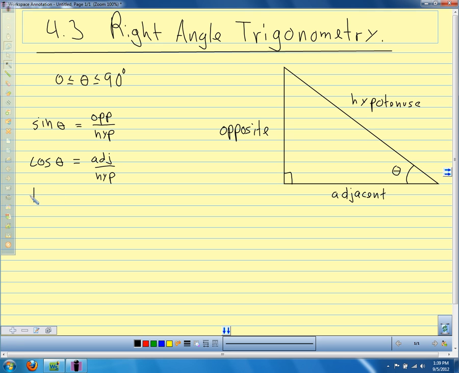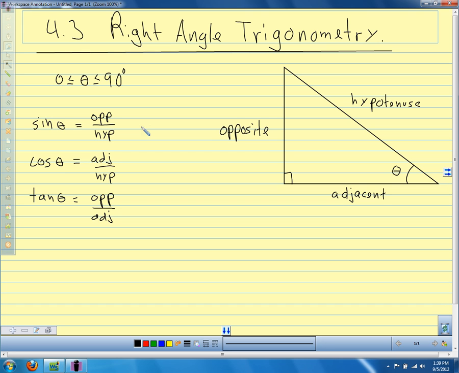The tangent of our angle is the opposite over the adjacent side. And no matter how big or small our triangle is, as long as we have this particular angle in a right triangle, we're always going to have the same ratio. That's what makes trigonometry work.